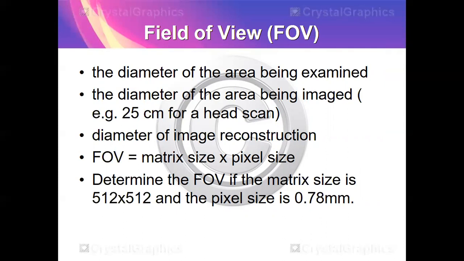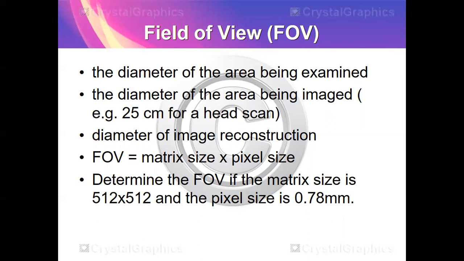So if we're going to compute for FOV, matrix size is multiplied by pixel size. So matrix size and FOV directly related. Pixel size and FOV directly related. Matrix and pixel size inversely related.